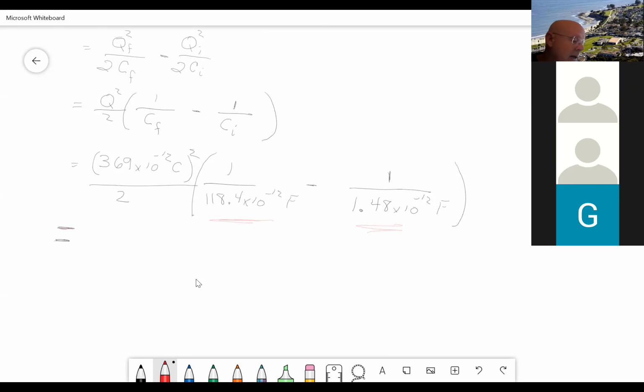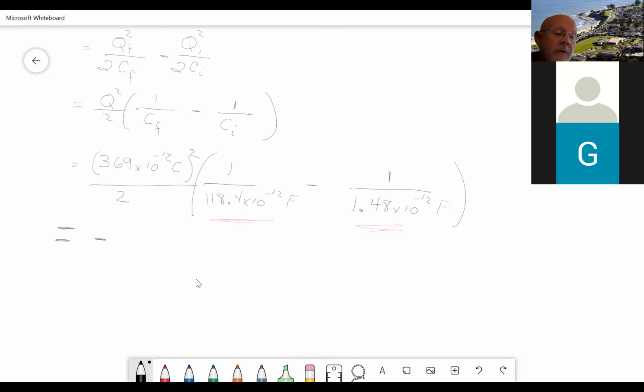And so I get a decrease of minus 4.54 times 10 to the negative 8. Oh, and I probably should run through my units, but that would be a joule.